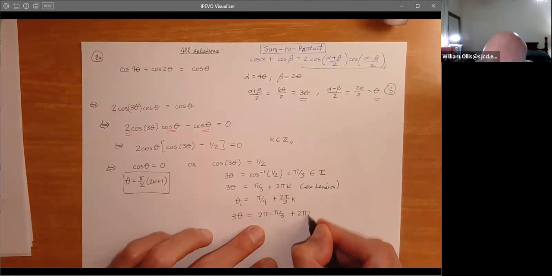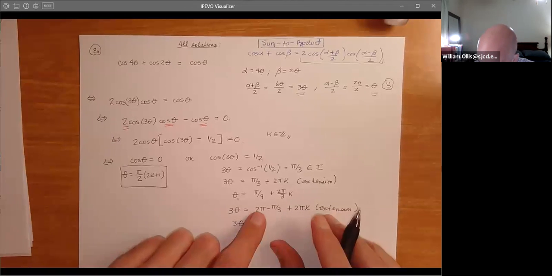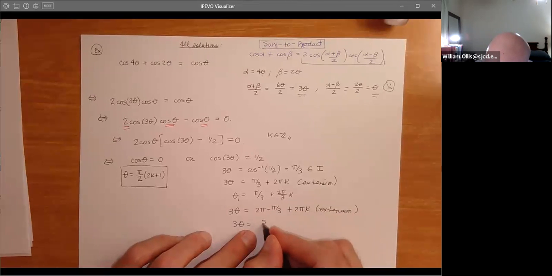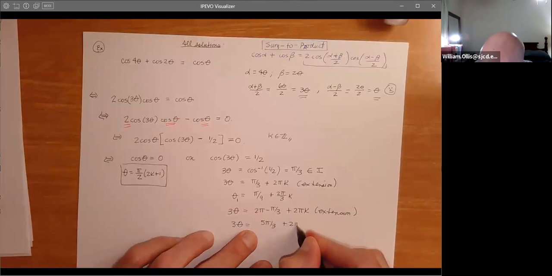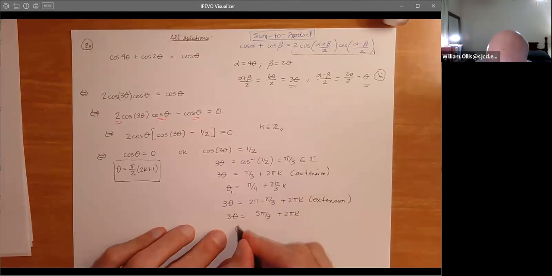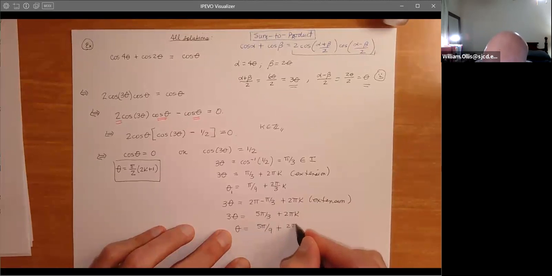We'll go ahead and do the extension in Professor Ron's lemma in one step. So we have 3 theta equals, okay, now this will be what? A 6 minus a 1, so that's 5 pi over 3 plus 2 pi k. And now we can divide by 3. So theta equals 5 pi over 9 plus 2 pi over 3 k.